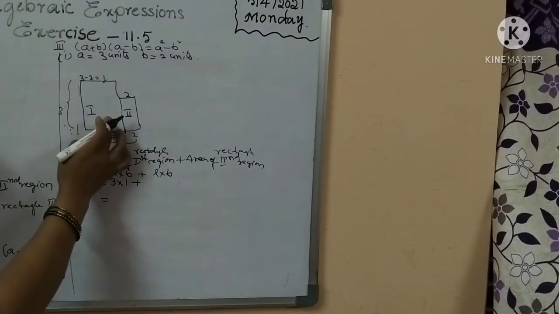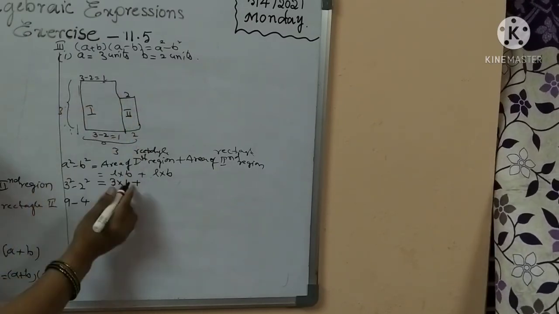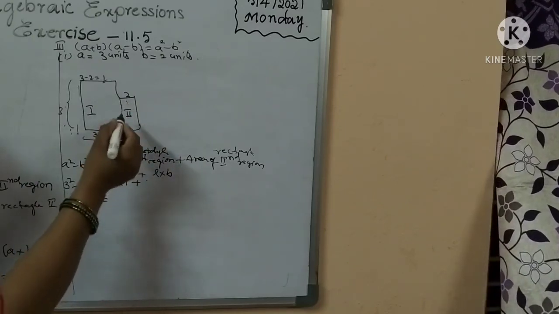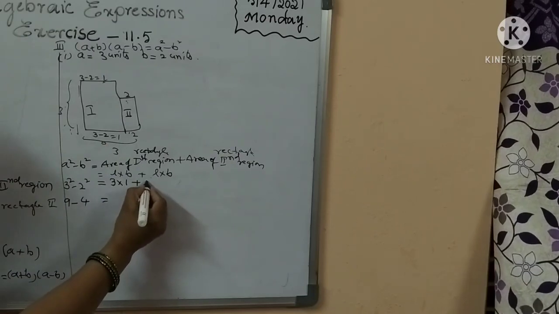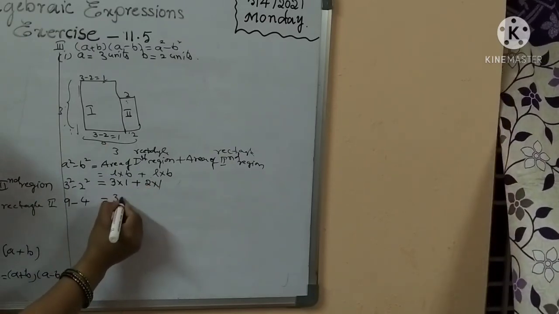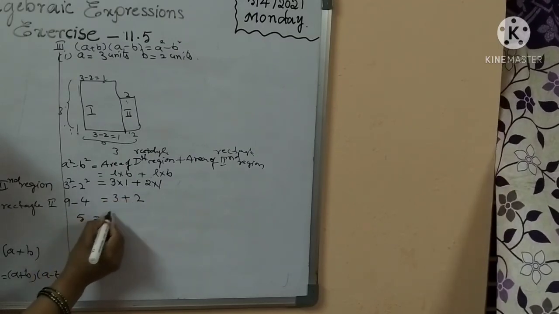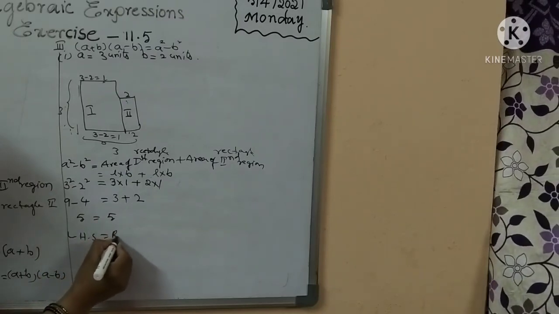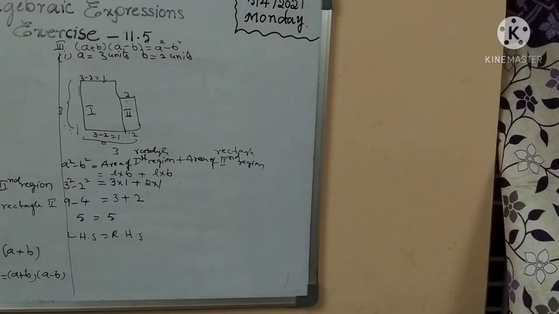Opposite sides are equal. Area of a rectangle is length into breadth. What is the breadth here? 1. The length here is 2. So 2 into 1. 3 3s are 9 minus 4, 5, equal to 3 plus 2, 5. Therefore LHS equals RHS.